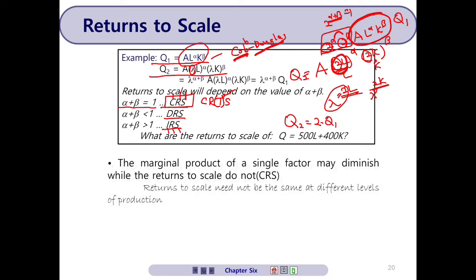We double all the input, and the new output becomes double the original one. That's constant return to scale. If the summation of the power terms for the ingredients becomes 1, then for this Cobb-Douglas function, the return to scale is classified as constant return to scale, right?